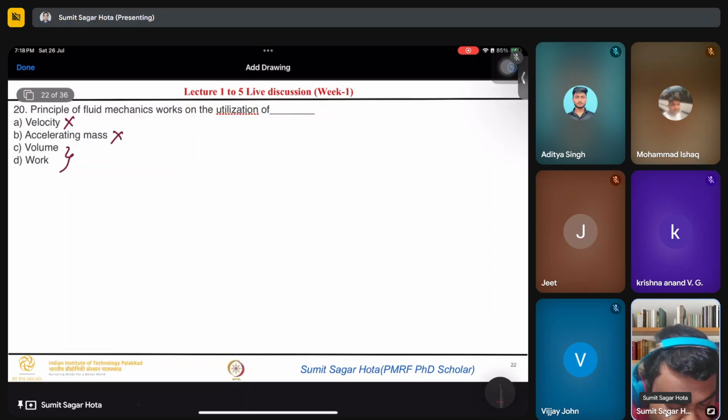But volume also, there will be an expansion or a compression of volume, due to which there will be a production of work. So volume also cannot be the primary choice. We need to expand or we need to compress. So that's the reason why the final choice is work.